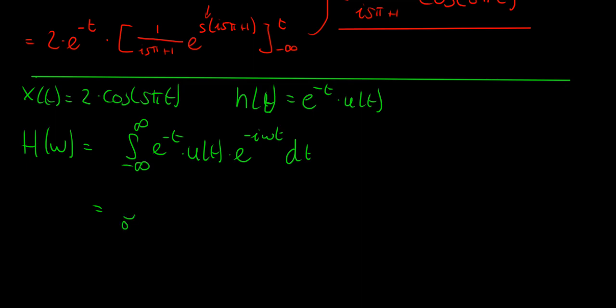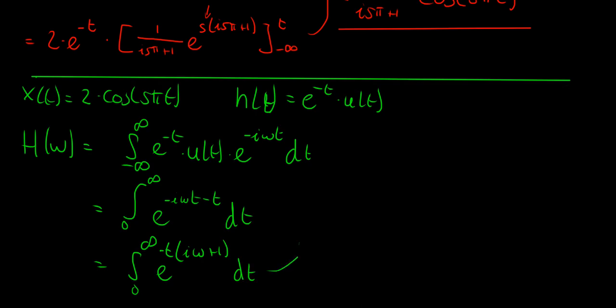So we get from 0, integrate until infinity, e to the power of minus i omega t minus t dt. We can rewrite this power once again to get e to the power of minus t, open up the bracket, i omega plus 1 dt.